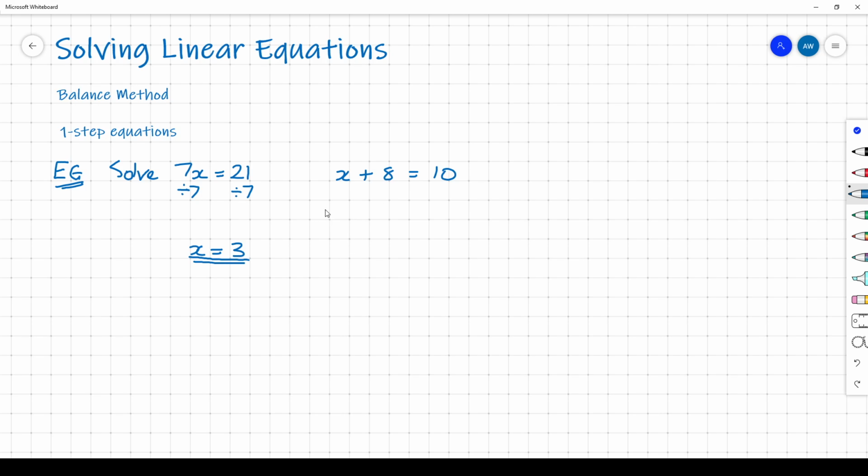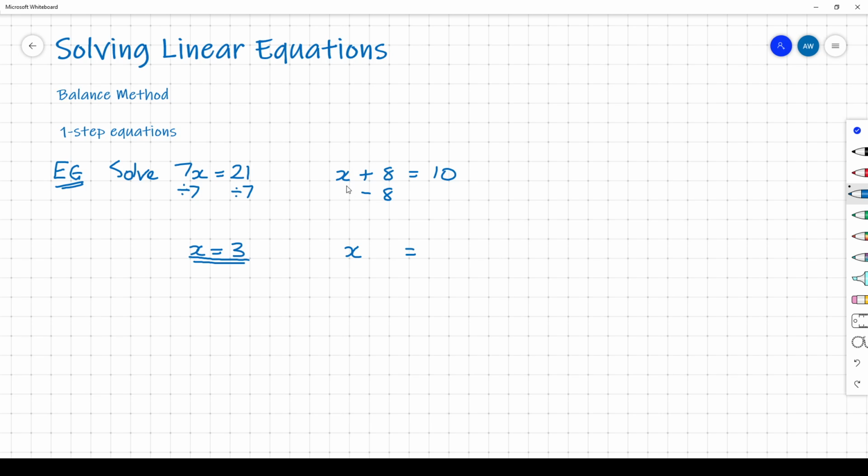Well, this time, if I want to get x equals, if I want to get x on its own, I need to get rid of my plus 8. How do I get rid of plus 8? Well, I minus 8. Plus 8 minus 8 is nothing. So I am actually getting rid of it this time. Over here, I didn't get rid of the 7, I transformed it into 1.